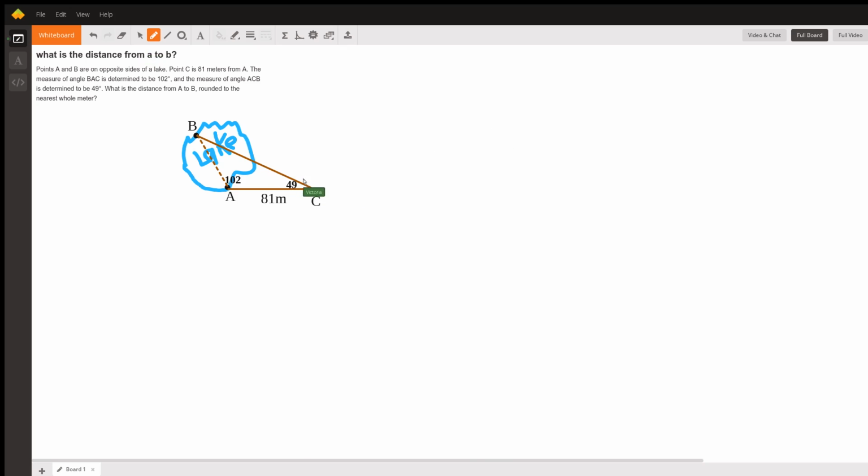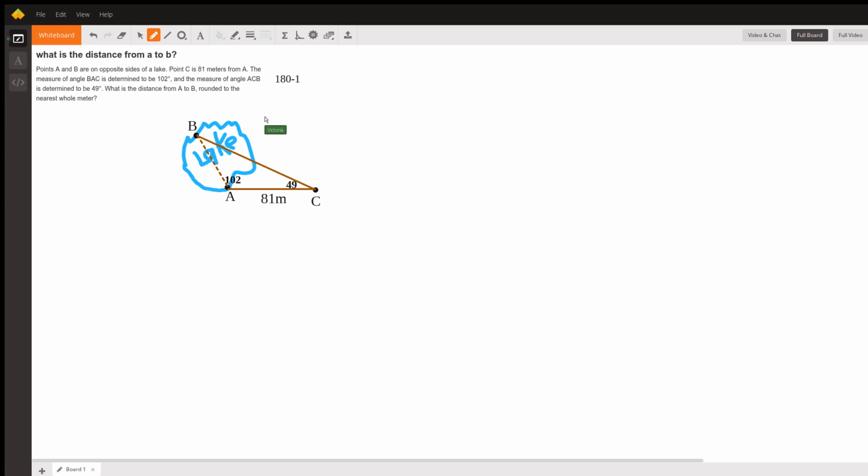So now, it would be really nice if we could do the law of sines or the law of cosines, but we are not set up for that. However, because this is a triangle, all triangles have 180 degrees, and we're only missing one angle.